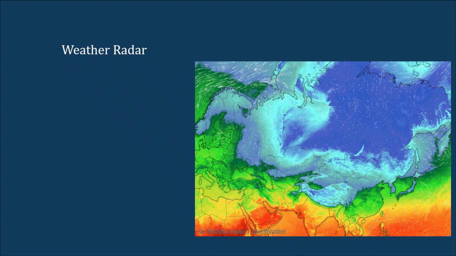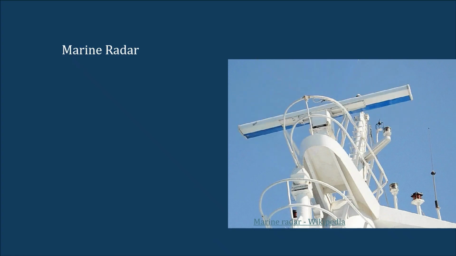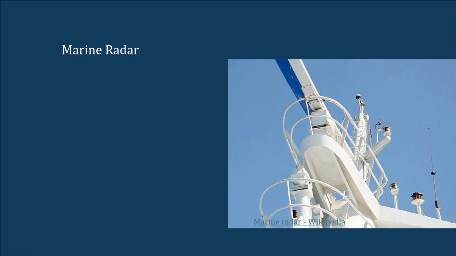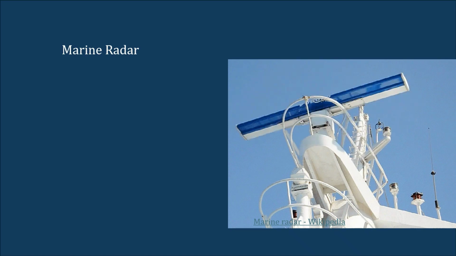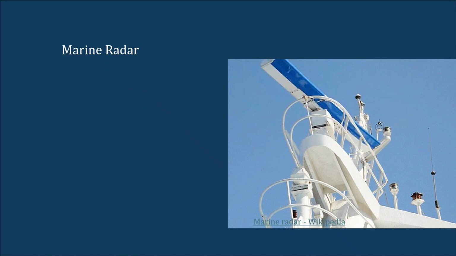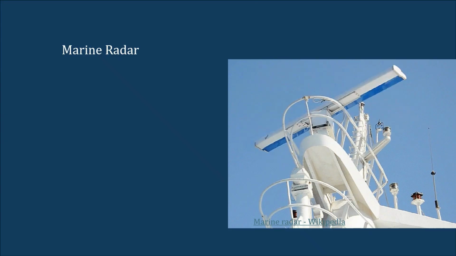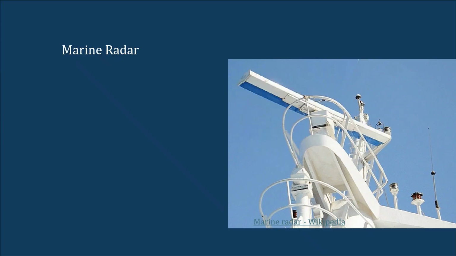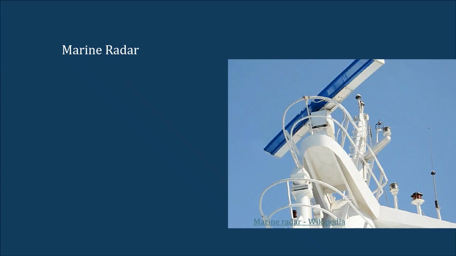One of the main applications of radar is weather radar. Using weather radar, it is easy to predict wind, rain, and other catastrophic weather. Another application is marine radar. These are radars installed on ships, used to detect other ships and land hazards to avoid collisions.